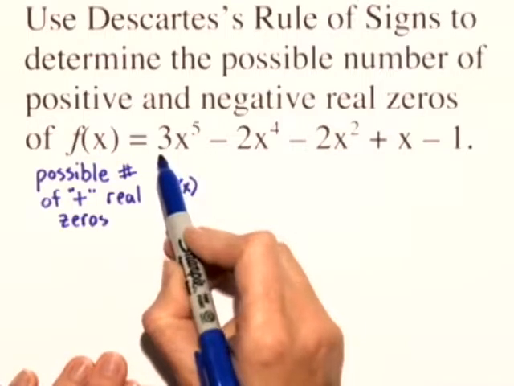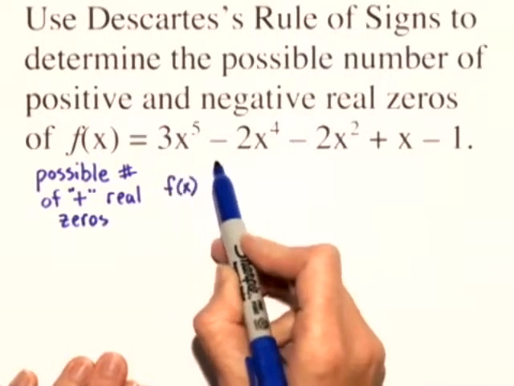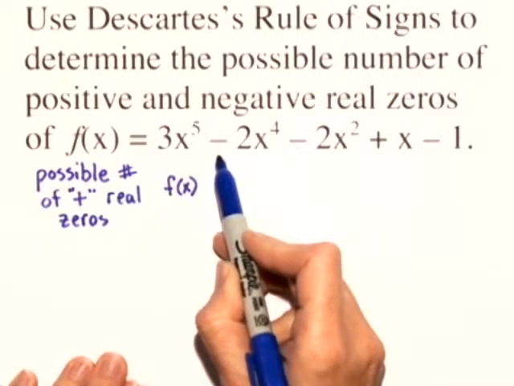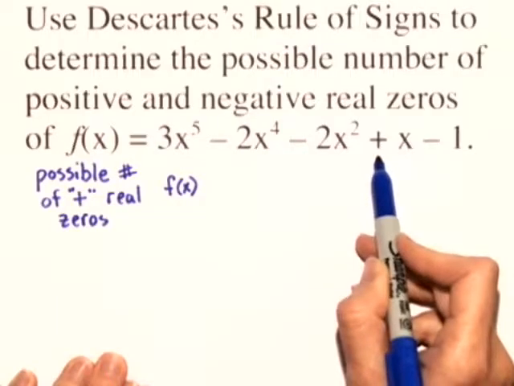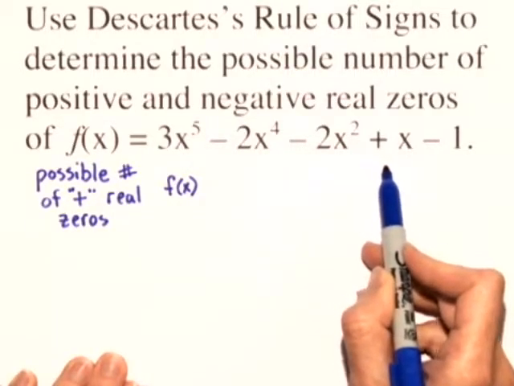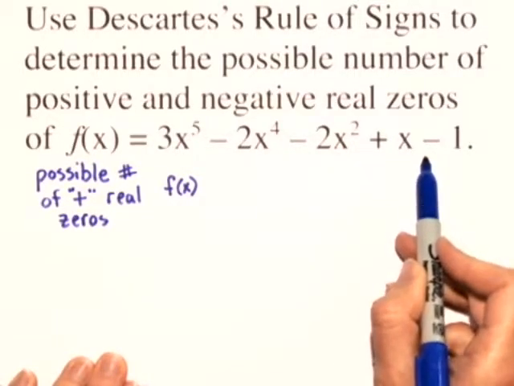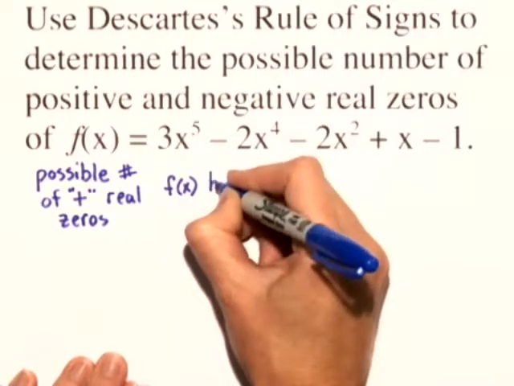Notice it starts off positive, and it changes to a negative at the second term. So that's one sign change. It's still negative, then it becomes positive, that's two sign changes, and then it becomes negative. So that's a total of 3 sign changes.